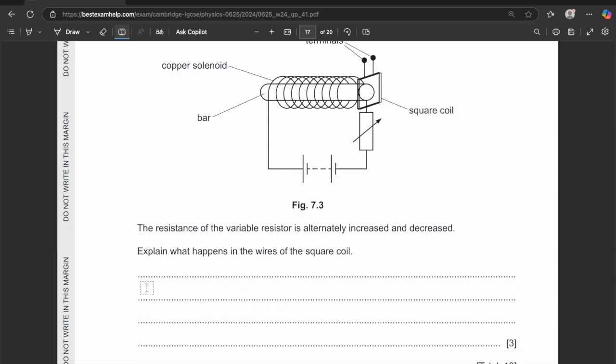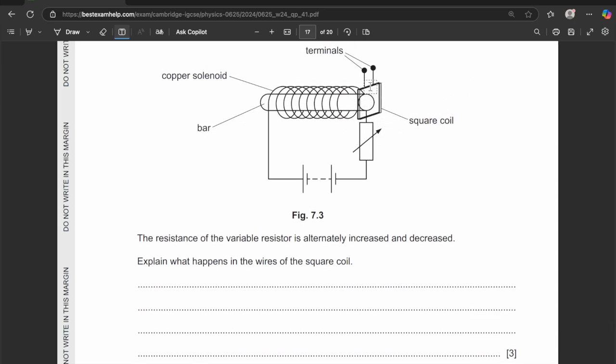The current will be changing through the wire, and this causes a change in magnetic field. Because of this change in magnetic field, the electromotive force will be induced between the terminals of the wire.